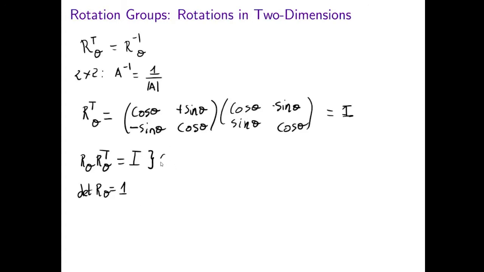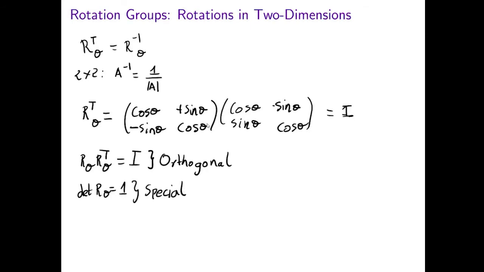This property is called orthogonal because, in a sense, when you take the transpose, you are talking about an orthogonal element, and when you multiply the orthogonal elements, you end up with the identity. And the determinant of r theta is 1, and this condition is called being special. And do they form a group?